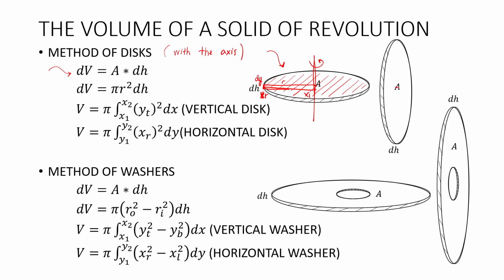In the vertical strip, let's say this is your vertical strip here. And again, the difference of the method of disk from the method of washer is that the axis of rotation, or your plane area, is coinciding with one of the axes. And you can verify that through your vertical or horizontal strip, if one end of the strip is touching a certain axis.